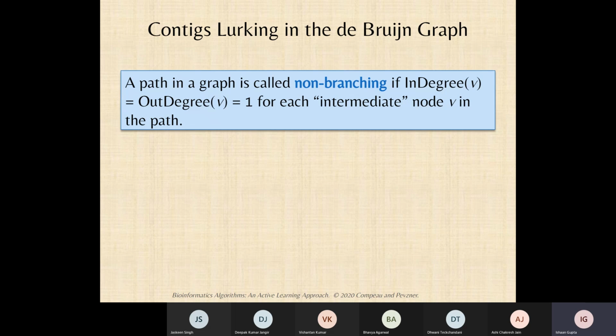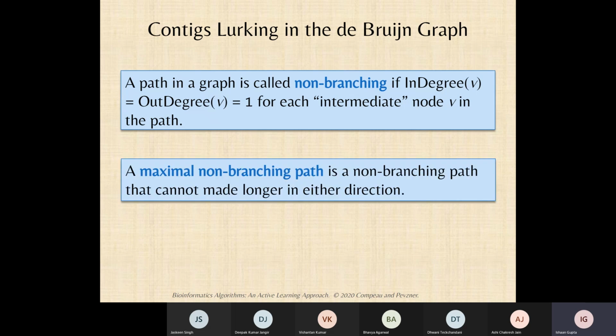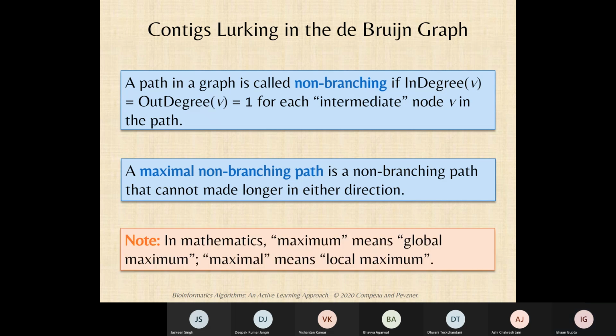Then you have a contiguous genome segment that is going to be represented in every assembly. A maximal non-branching path is a non-branching path that cannot be made longer in any direction. If you make it longer, then the in degree or out degree of some of the nodes is going to be more than 1. Maximal here means locally maximal, not globally maximal.